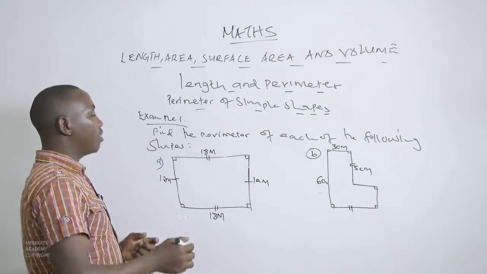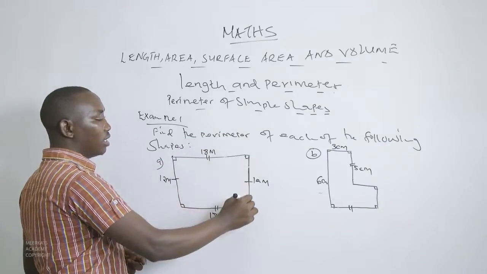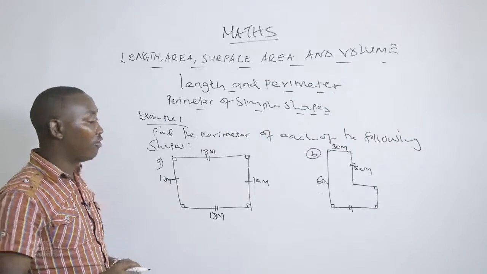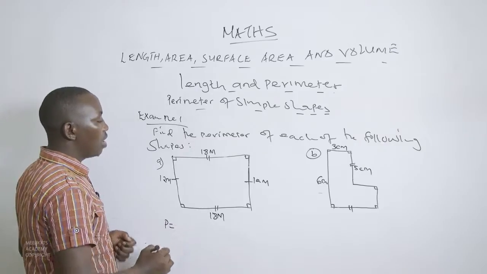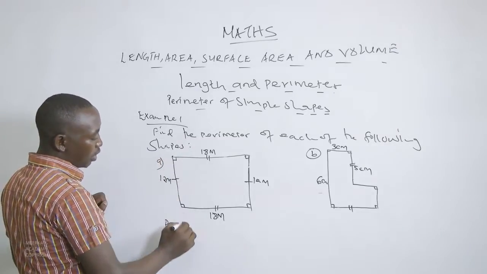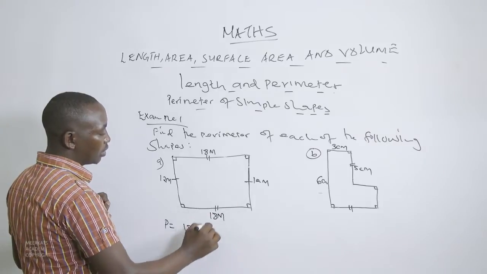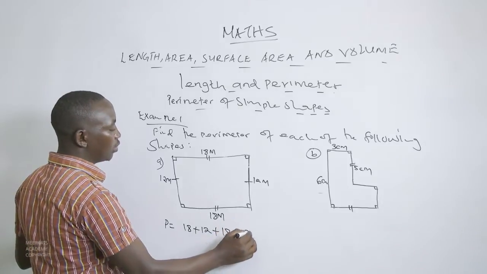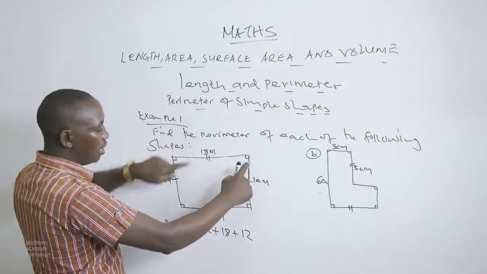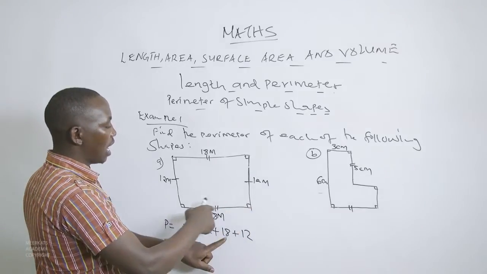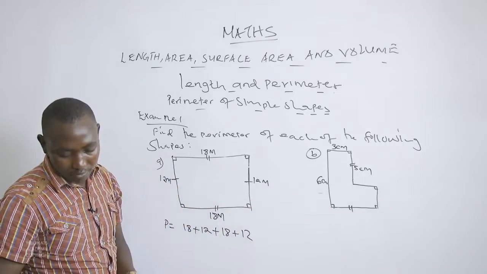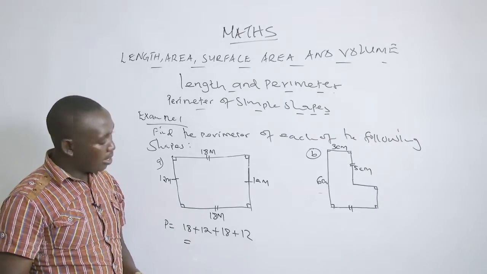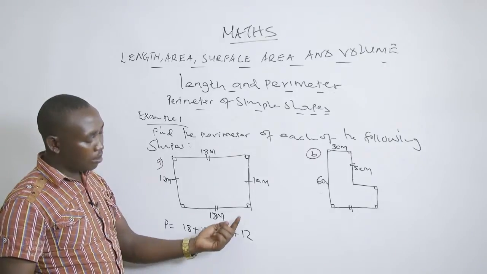Moving from one point round this figure and back to that point gives the perimeter, which is, beginning from this point, 18 plus 12 plus 18 plus 12.